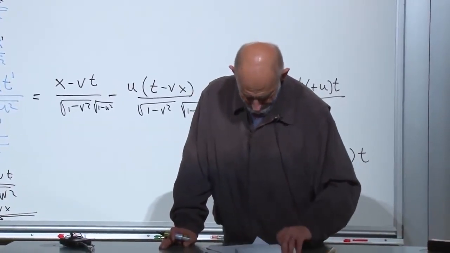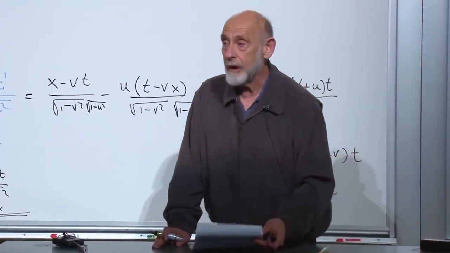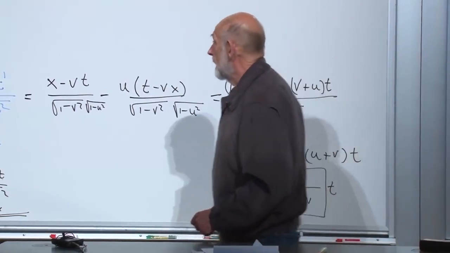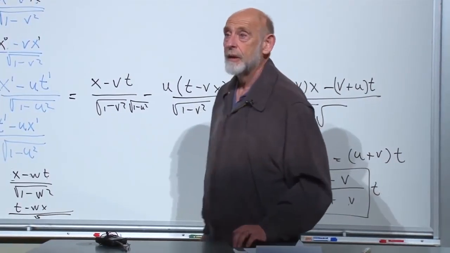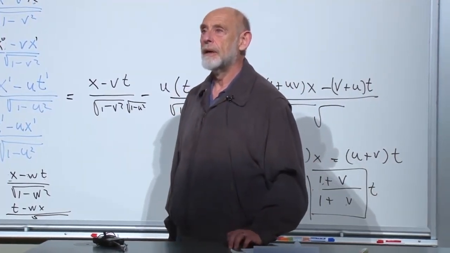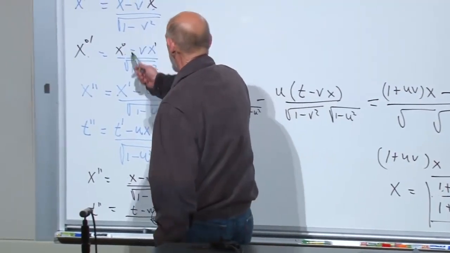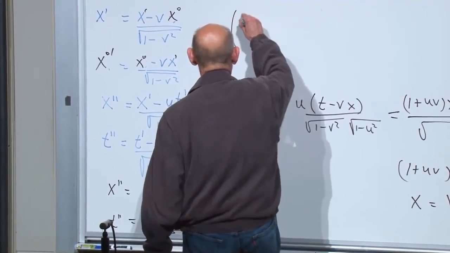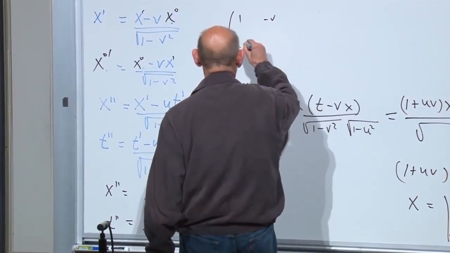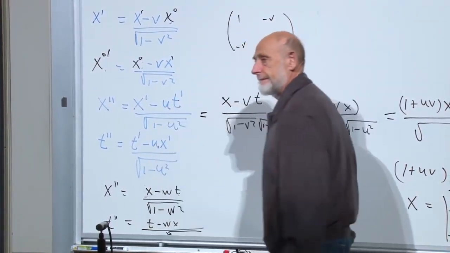So they transform linearly? Yes, they transform linearly. Such that you could set them up and operate on them with a matrix? You can, absolutely. You can read off from here a matrix. The matrix would be 1 minus v, minus v, 1.